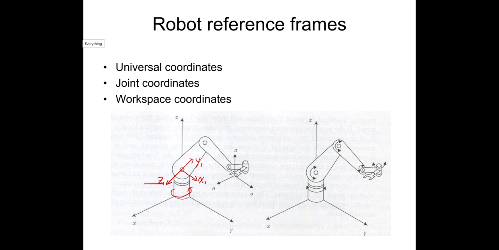Again, to define the coordinates, the frame for this joint, we will have z2, and apparently x2 and y2. And right here we have another revolute joint, so you can define another coordinate frame for this link.